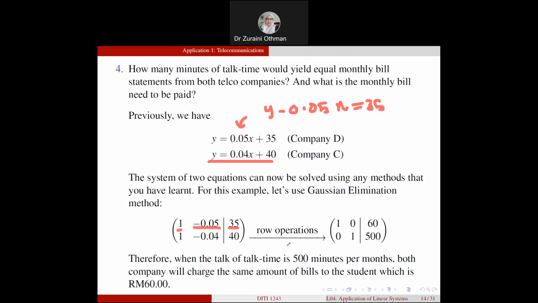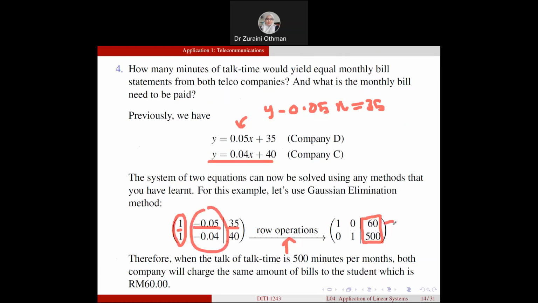Okay, now this person do row operation to get identity here, then they found that the X value is 60 and the Y value is 60 because of yang first ni ialah Y and this is X, right?